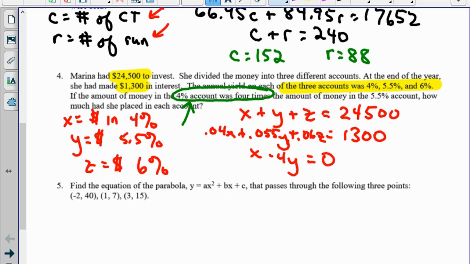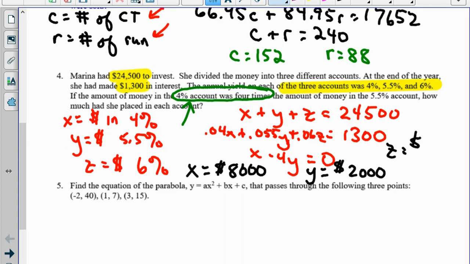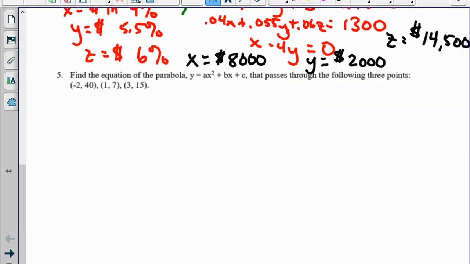After I'm done solving all this, my answers are the money in the 4% account is $8,000. The amount of money in the 5.5% account is $2,000. The amount of money in the 6% account is $14,500.